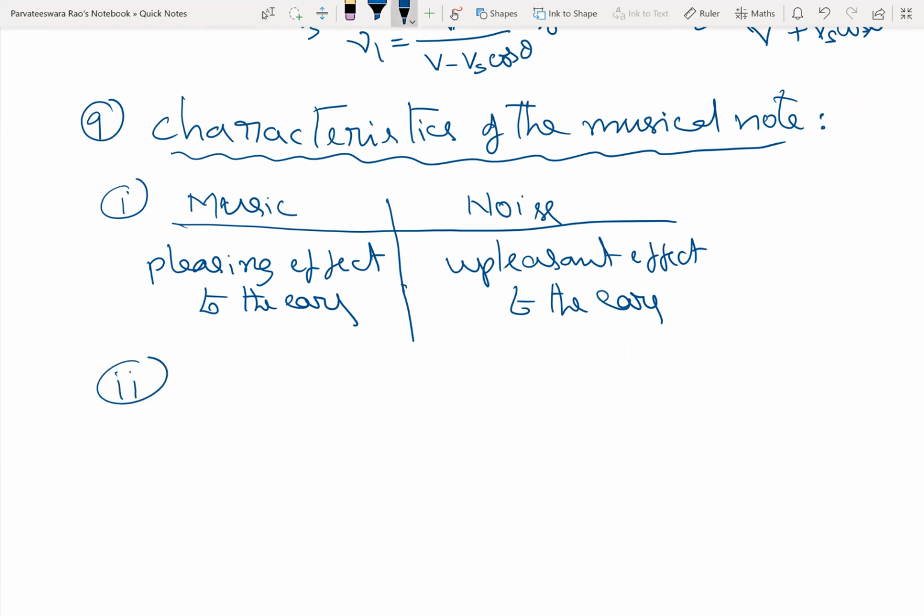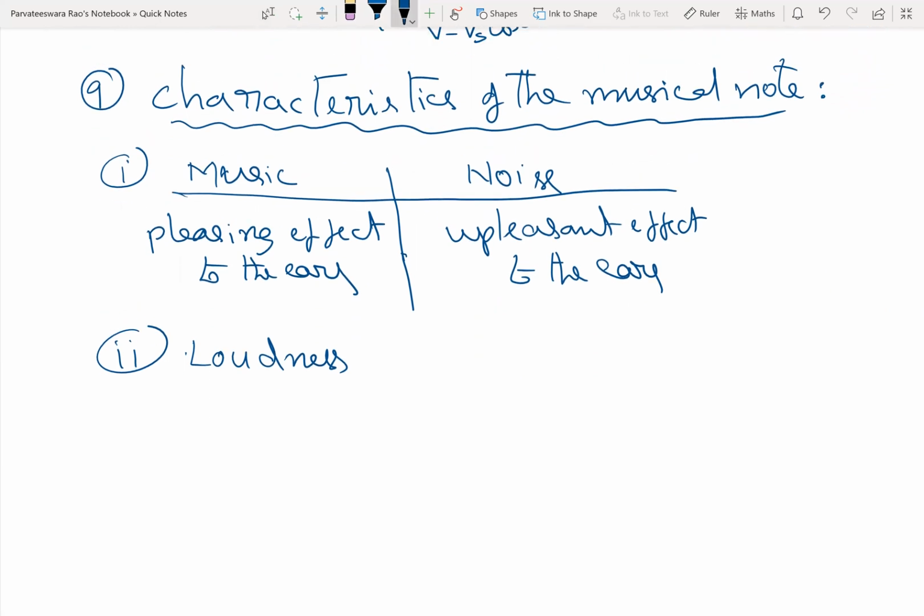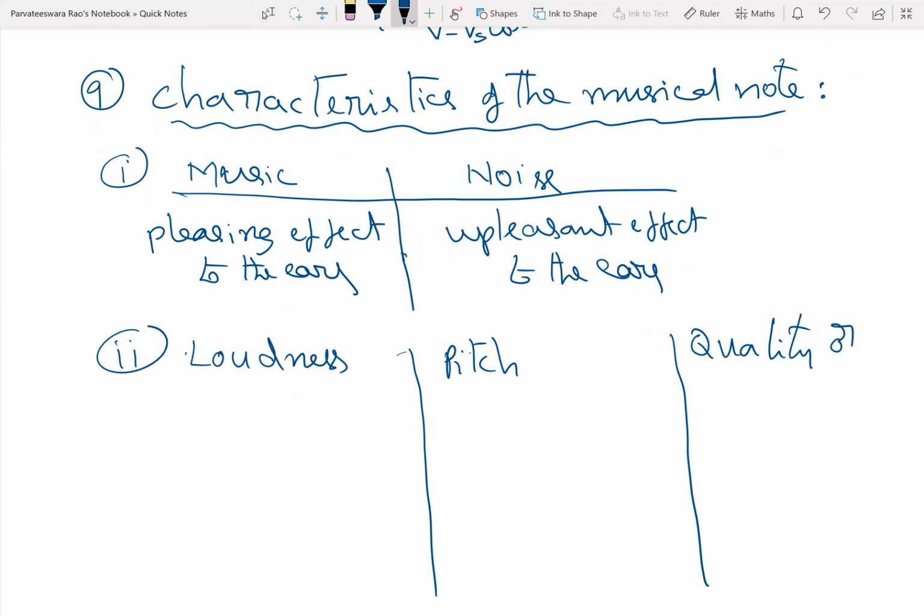Next, there are 3 characteristics. First one is loudness. Next, pitch. Third one is quality or timbre.